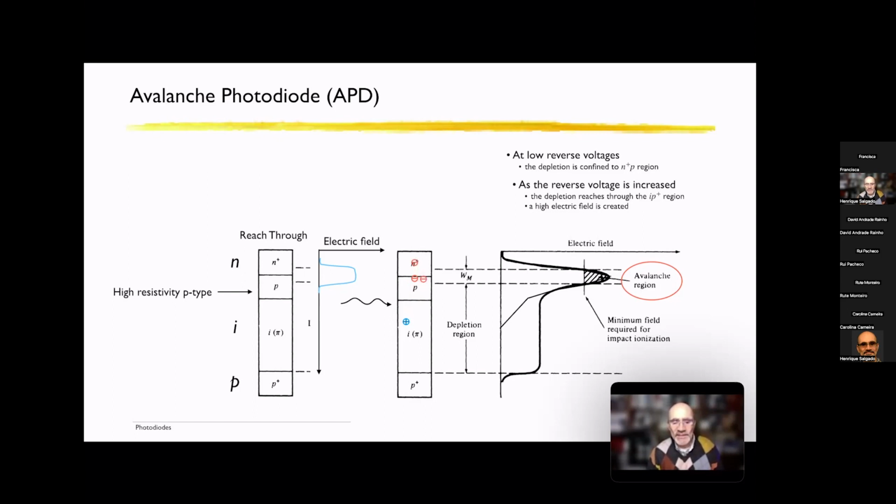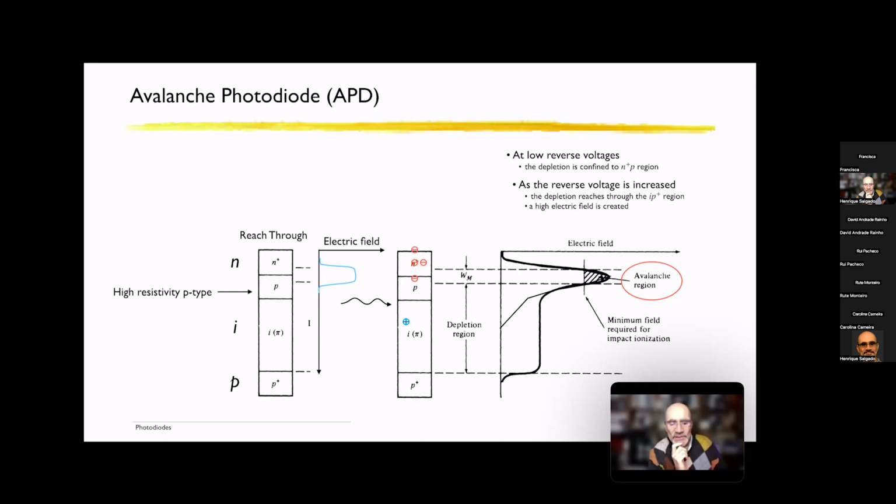When the electron reaches the high electric field, this avalanche region, the electrons have enough energy when colliding with the atoms of the material to generate additional electrons.